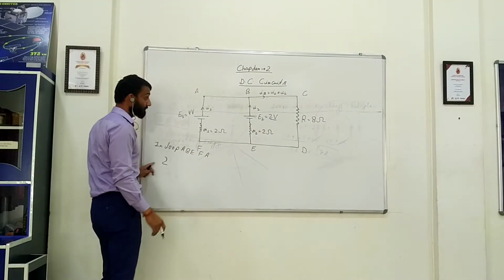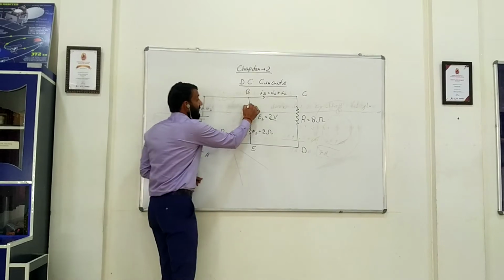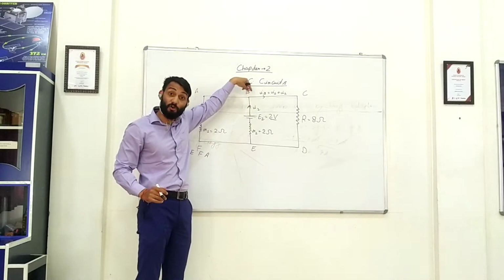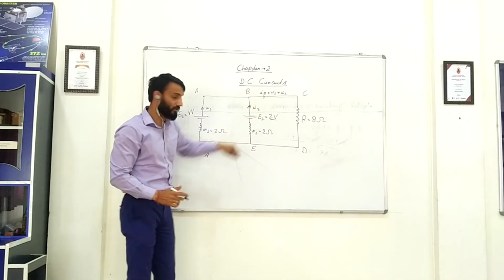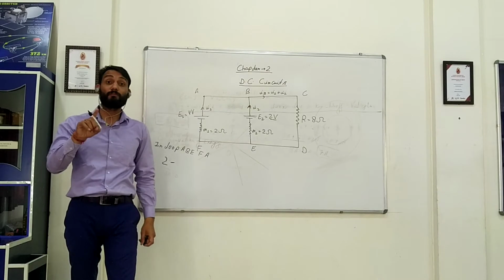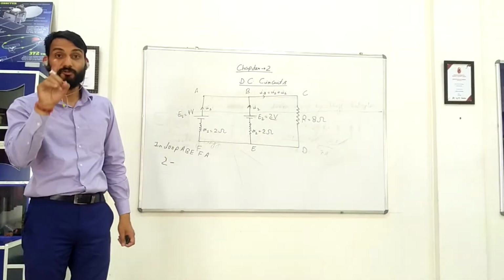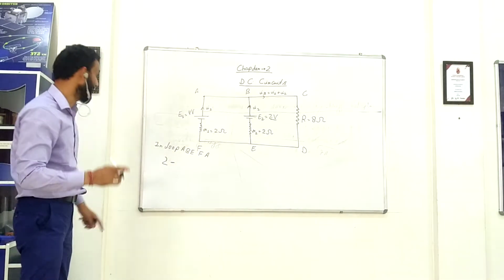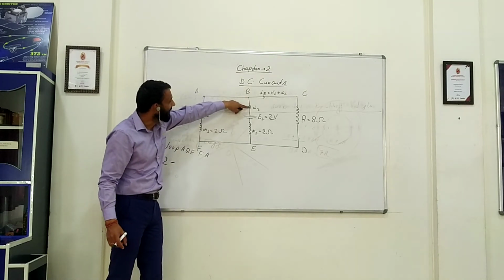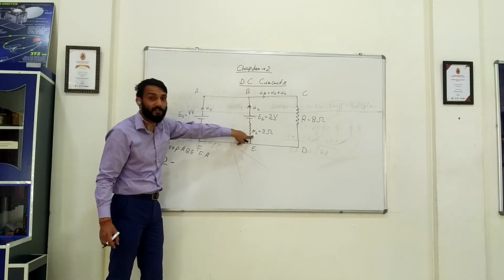So plus 2. Now see, the current is in this direction, but you are coming in the direction opposite to the current. Therefore a minus sign will come. Why has this minus come? Because you are moving in the direction opposite to the current. Then I have met R2.